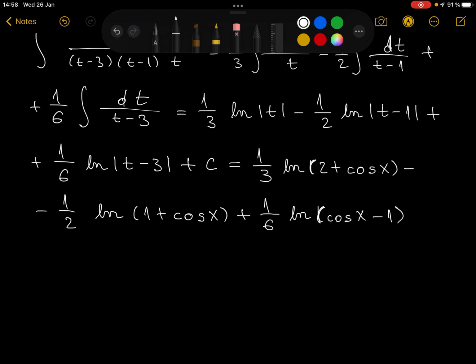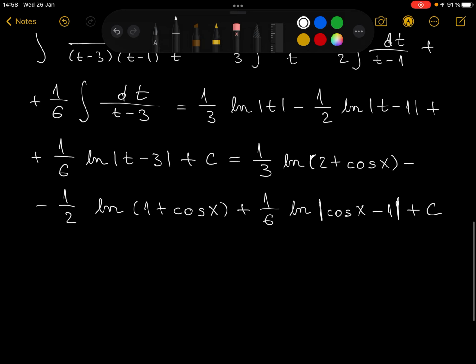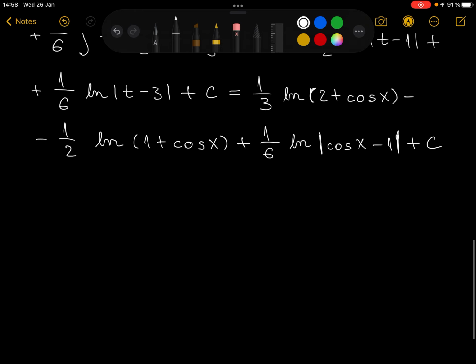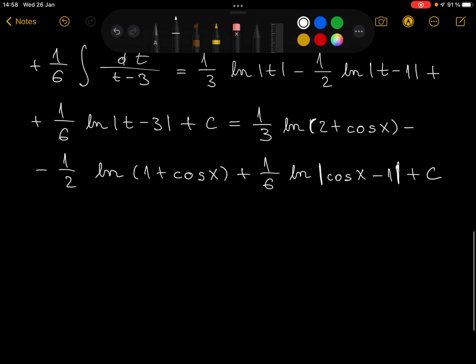So we will have to still have the absolute value in this one. Why? Because this expression right here can either be negative or 0. So plus c.